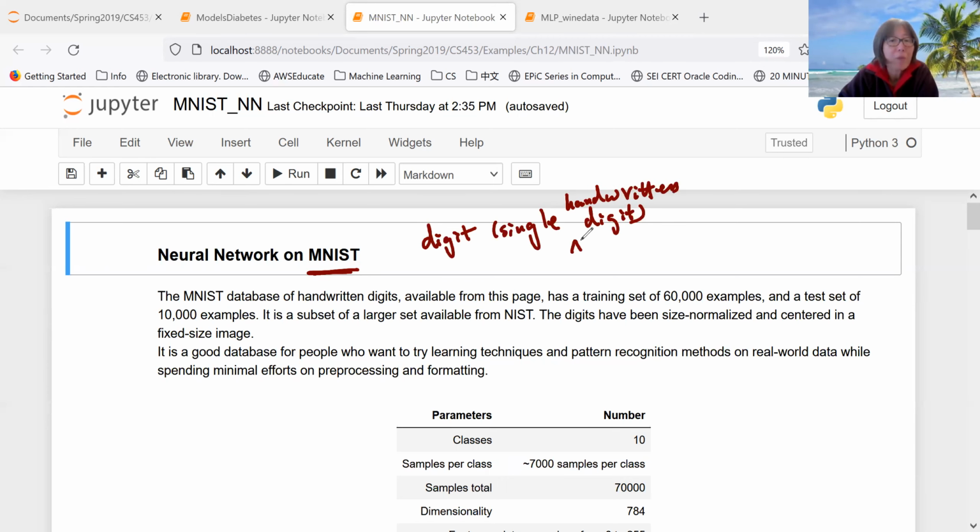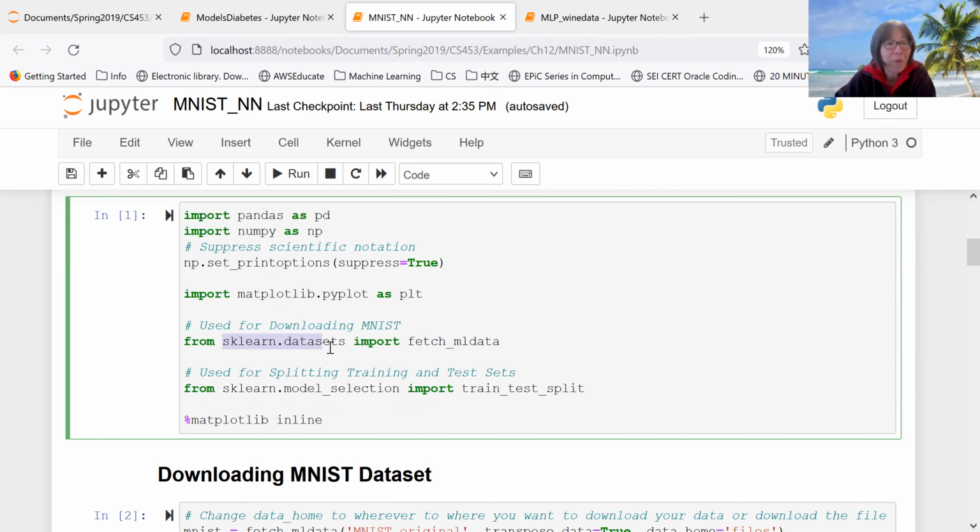Handwritten digit recognition with a lot of samples. Previously we already saw that. This time we are going to use the neural network to do the classification training about handwritten digits. And over here, we also use sklearn. From sklearn, it also has this classic data set repository, so we can just go ahead and use it.